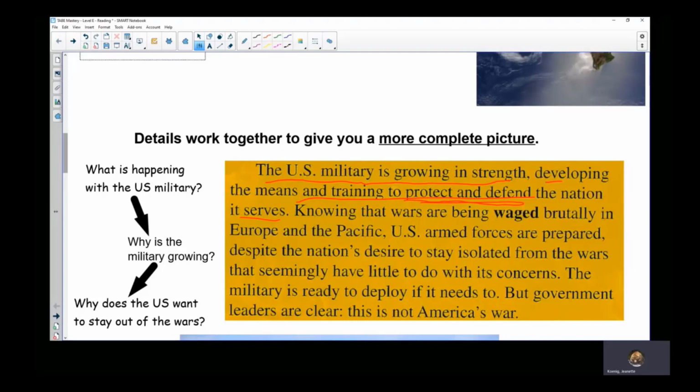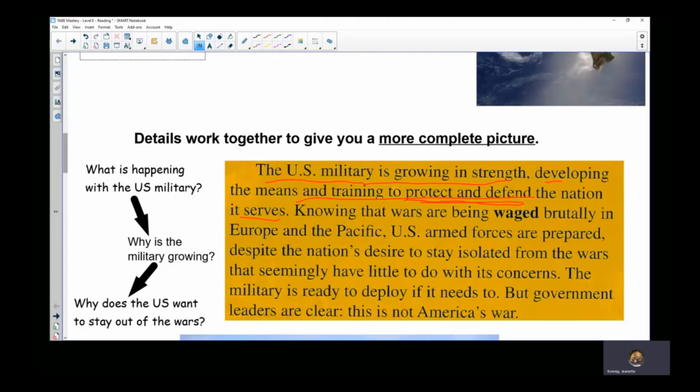Yes, connection. So what this is saying is they are growing, they are getting bigger, they are trying to get better with better training and better ability. They're trying to be able to protect and defend the nation it serves. What nation? Hawaii. Hawaii is part of the U.S. So yeah, it is trying to defend better the United States.